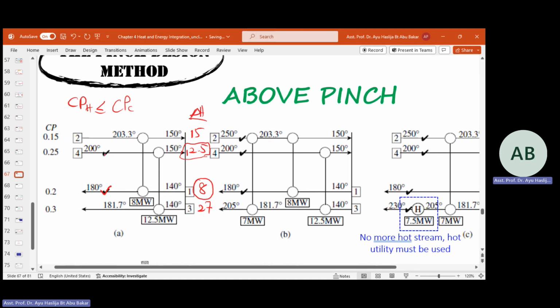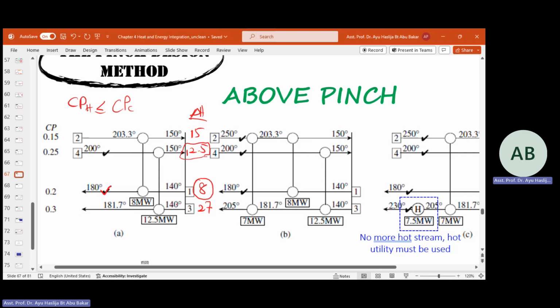Stream 4 has only 12.5 megawatt to give out. But stream 3 requires 27 megawatt to achieve the target temperature. Now, stream 4 gives out 12.5 only, and stream 3 receives only 12.5. So the T target is not achieved yet.